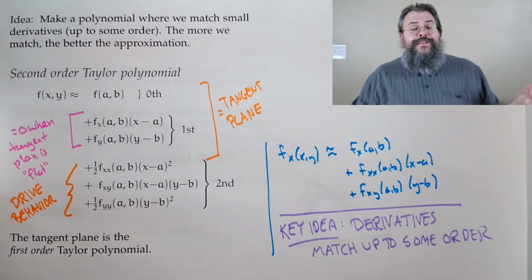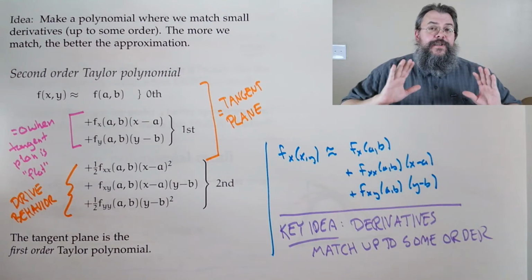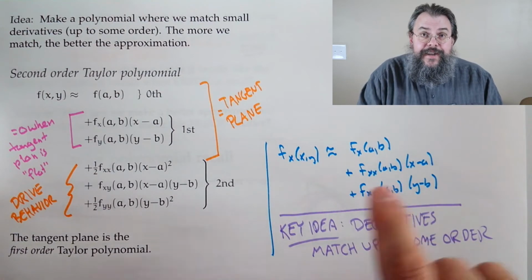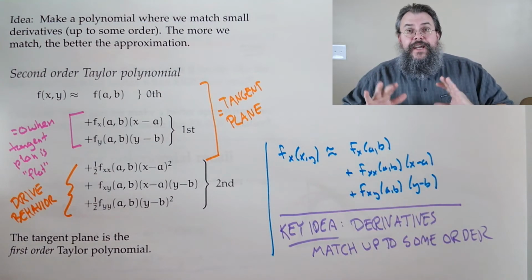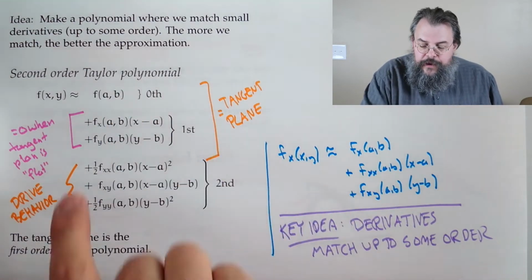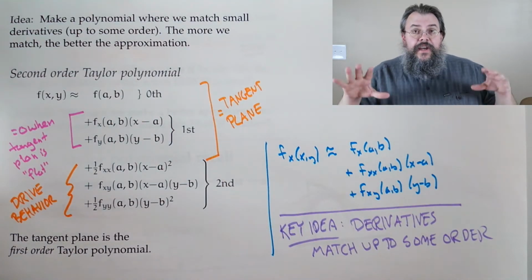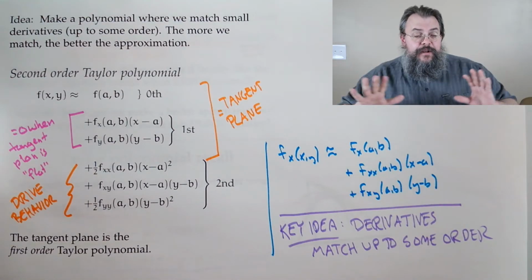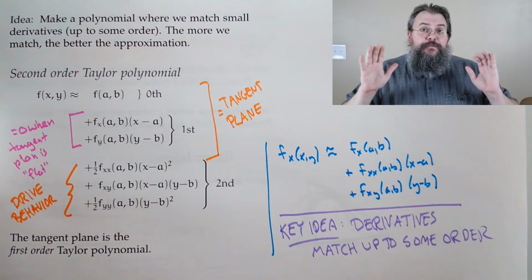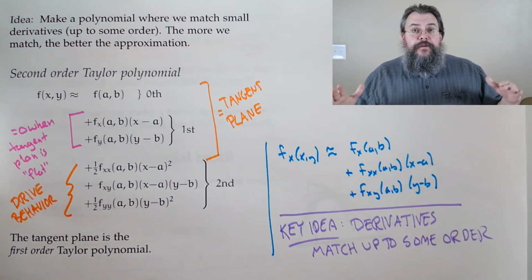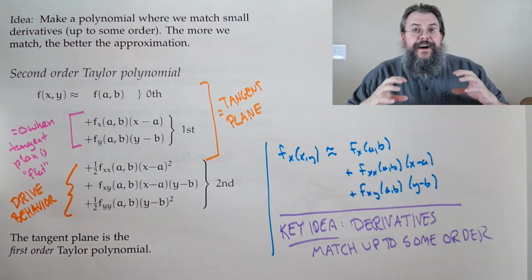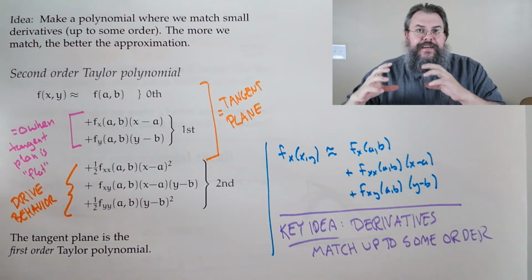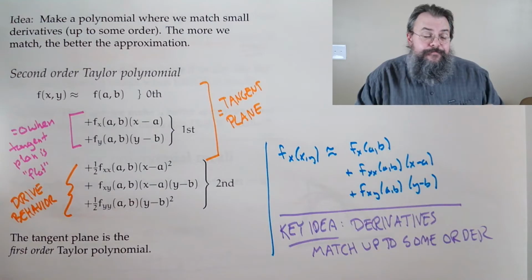So we're going to take some detours, and I want to say that the main takeaways for right now are this key idea. So know how to take a second order Taylor polynomial, remember that derivatives match, and you'll be mostly good. A lot of what we're going to talk about in the next 10 minutes or so is important information, but we're going to be able to succinctly wrap it up and say, here's this beautiful fact, and we're just going to take it as is and use it.